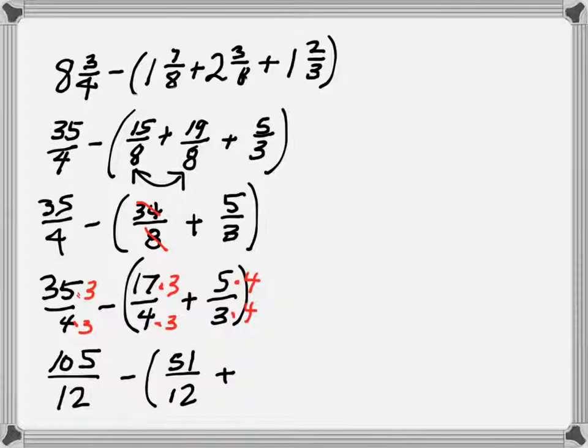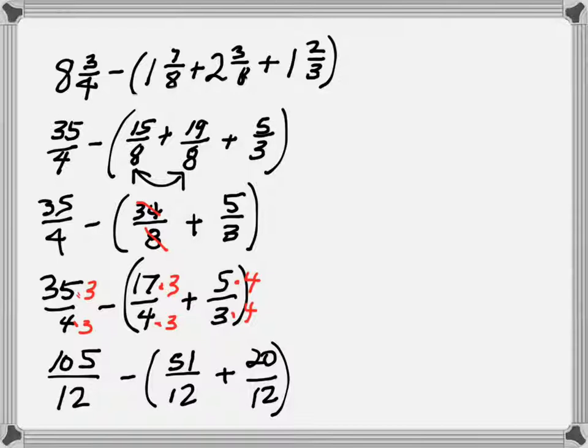And then 20 over 12. I'm dealing with much larger numbers than in the other method. But big numbers don't bother me. I mean, 105, I didn't have anything that large in the other case. But it's not bad. All right, then I'm going to add the two that are in parentheses.